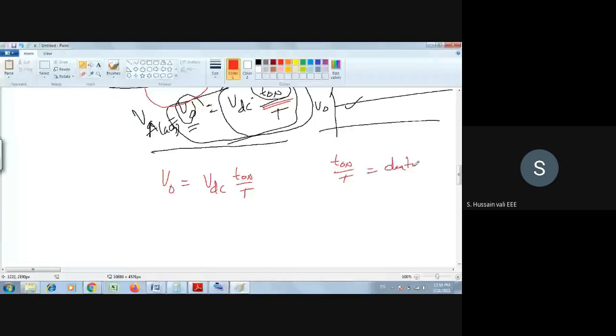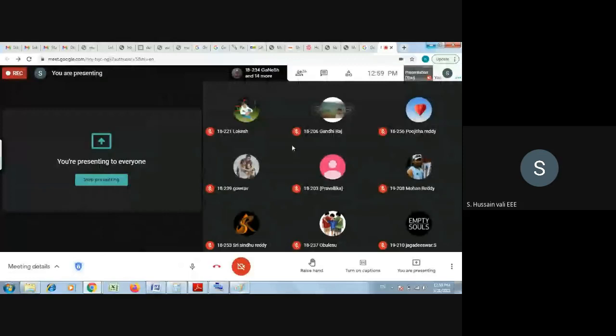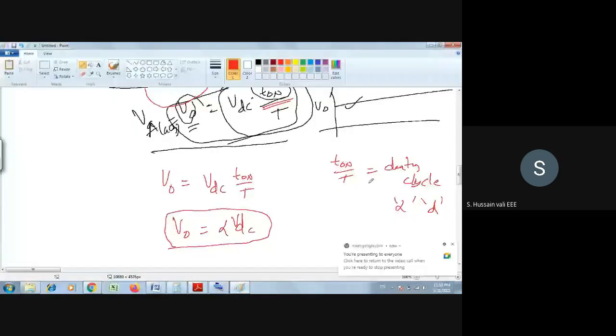It is represented by alpha or sometimes D; several textbooks represent it differently. So V naught is equal to alpha into VDC. This is one thing you learn. Alpha is the duty cycle. So V naught is equal to alpha VDC.